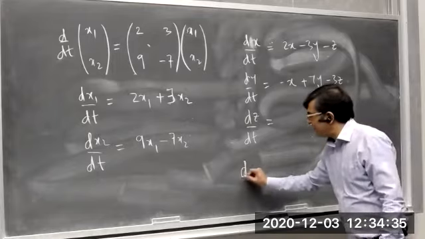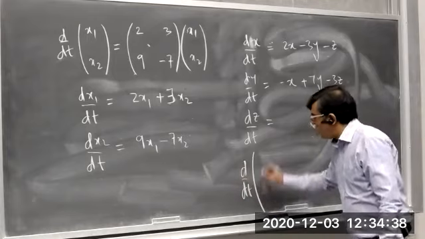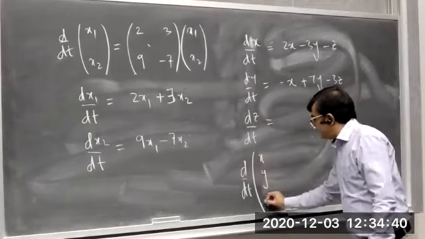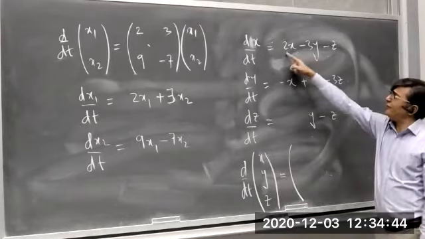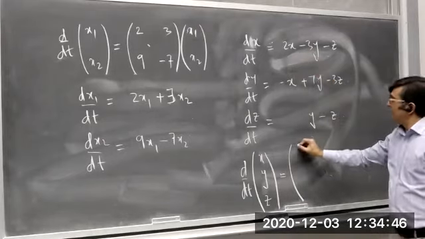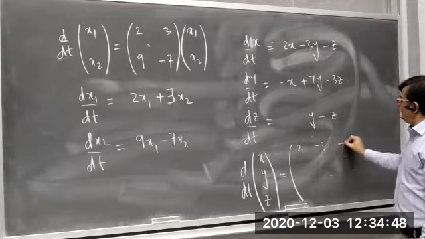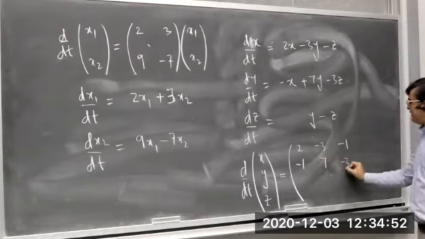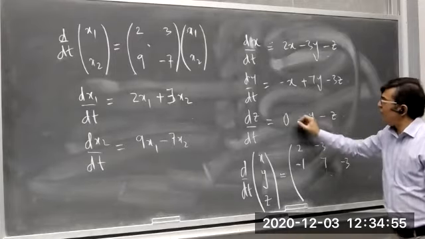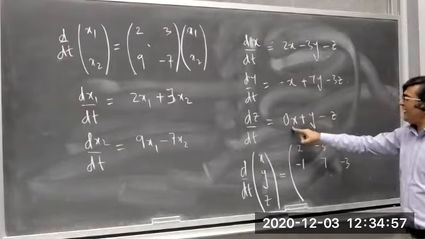So this system can be written as d by dt of x, y, z is equal to, in matrix form, we write the coefficients of x, y, and z: 2, minus 3, minus 1; minus 1, 7, minus 3. Here we don't have a coefficient of x, so we can write 0.